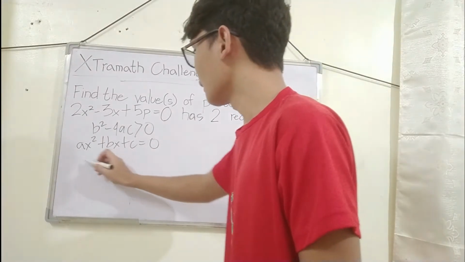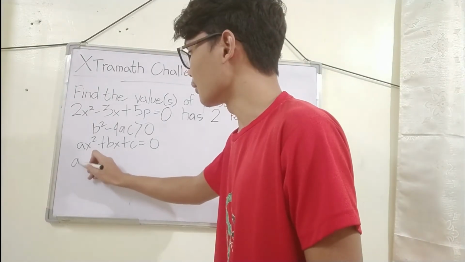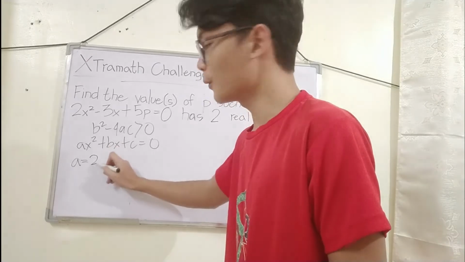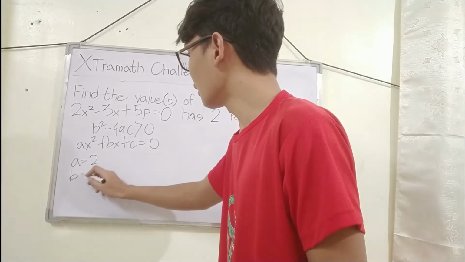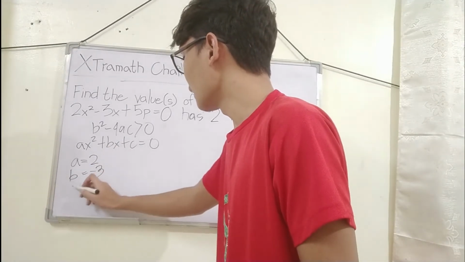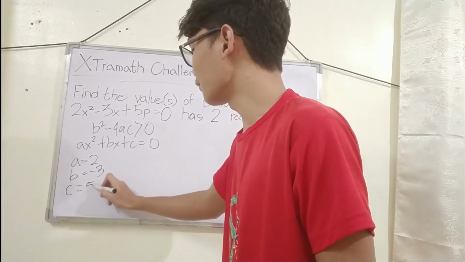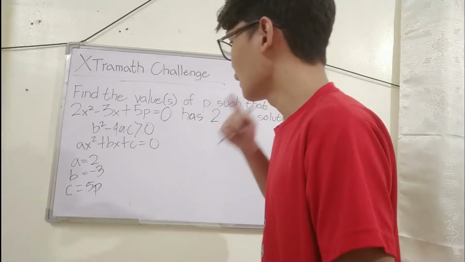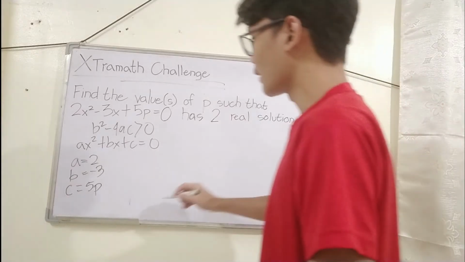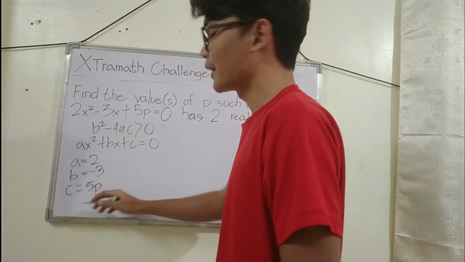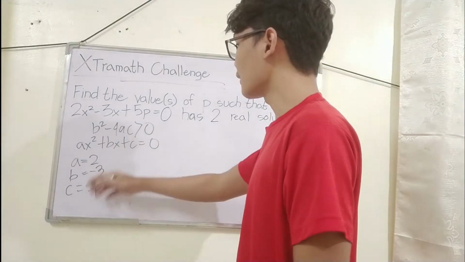So we have a value of a of 2, a value of b of -3, and a c of positive 5p.